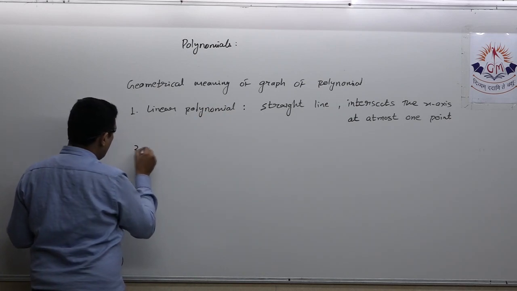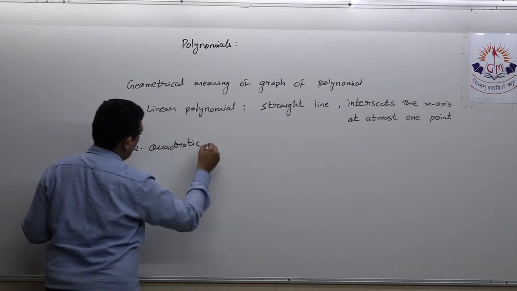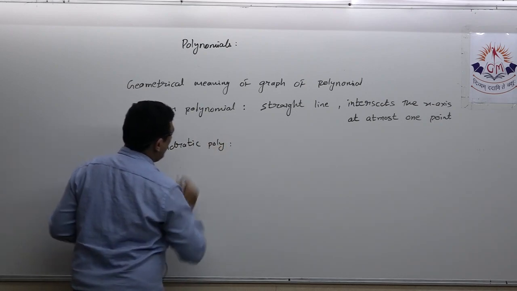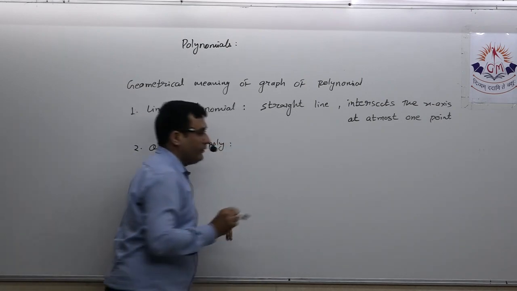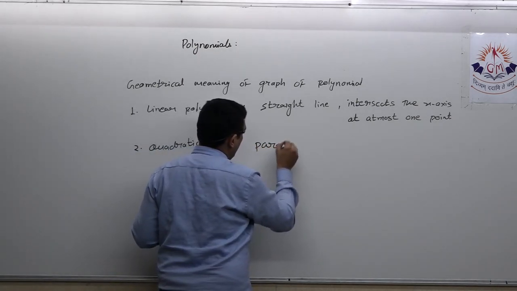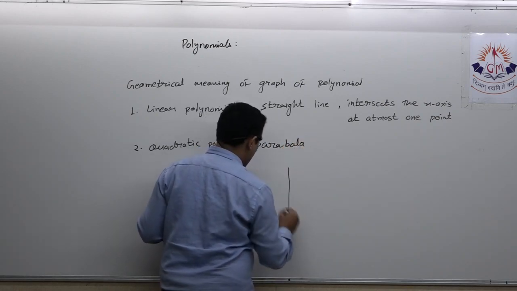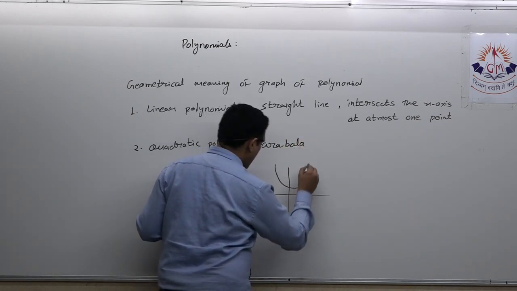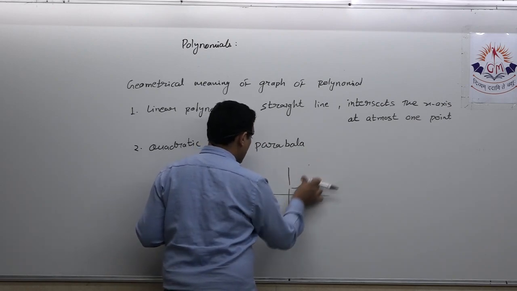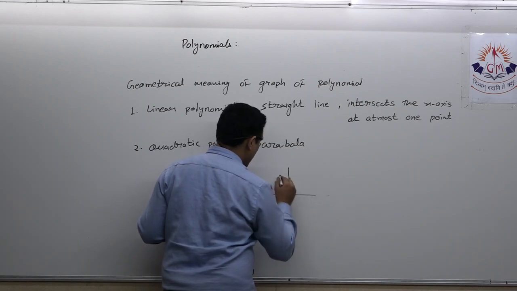Now second is the quadratic polynomial. If you draw the graph of a quadratic polynomial, you will get a parabola. You will get a graph something like this, in this way. There are 6 varieties of this graph that you may get. Let me draw all of these.